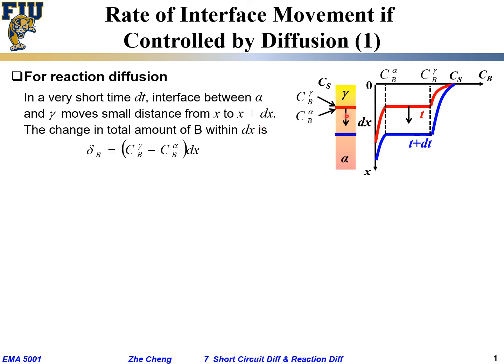Initially, the concentration would be in alpha phase, right? And after it moved, I'm in like this location. Initially, it's in what phase? Alpha phase. But after the interface moved to the blue one, this same location would be in which phase?